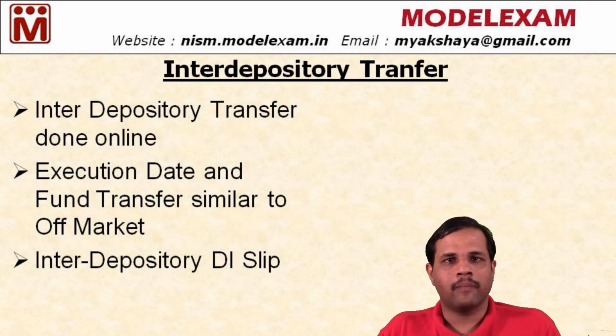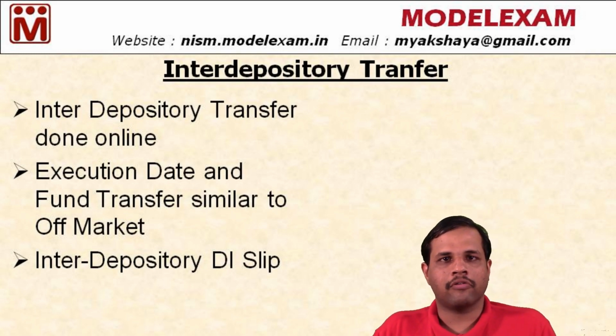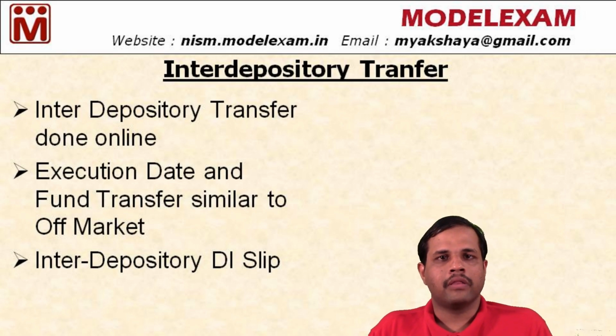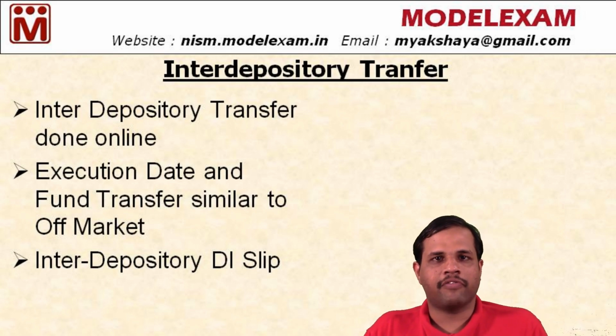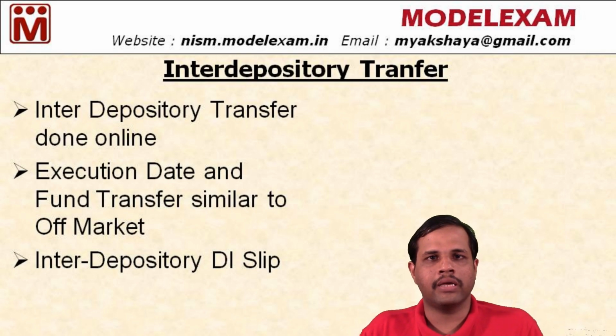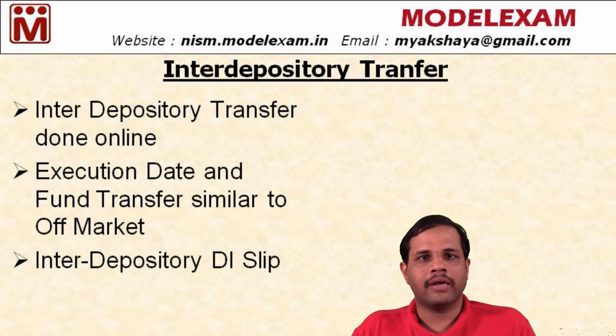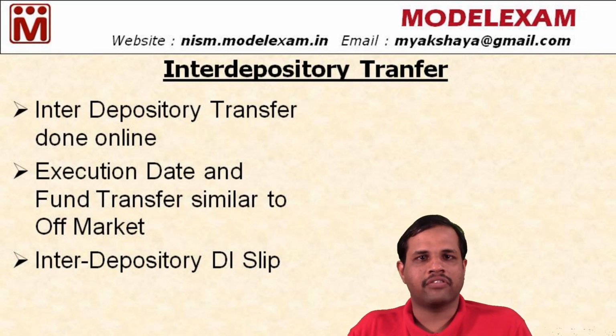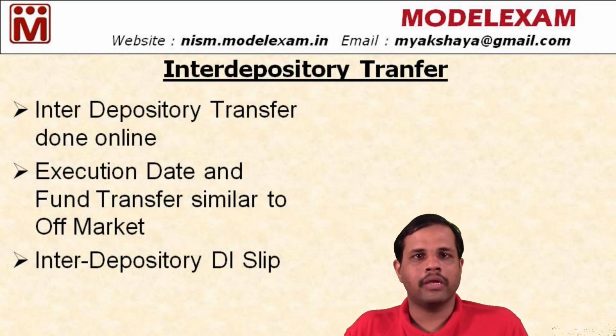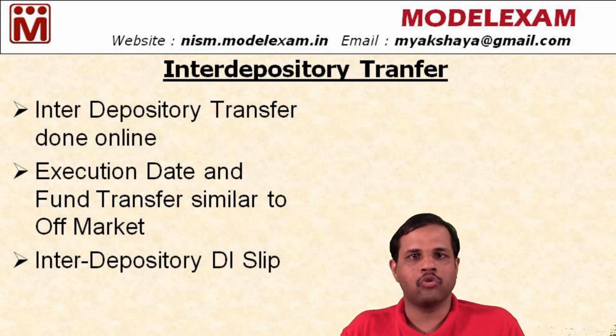And here also, just like in the case of off-market transfer, the fund transaction between seller and buyer happens outside the depository system. Nowhere are NSDL or CDSL involved in fund transfer between these two parties.